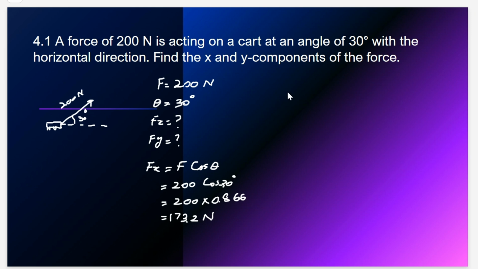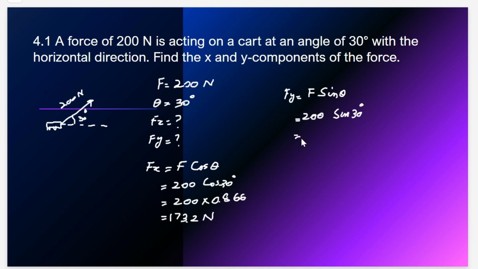To find the y component of the force, we will have to calculate Fy, and we know that Fy is equal to F sine theta. Now putting the values here, the value of F is 200 and the angle is 30 degrees, so we will write sine 30.